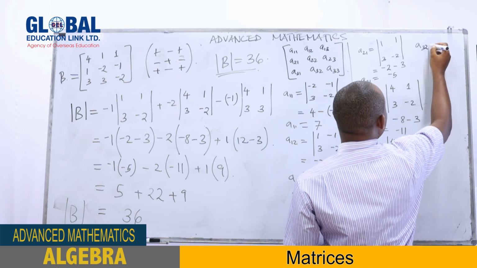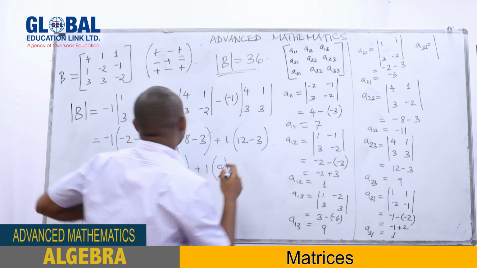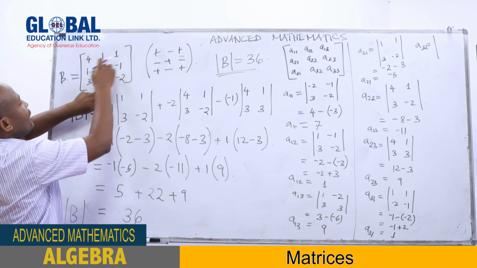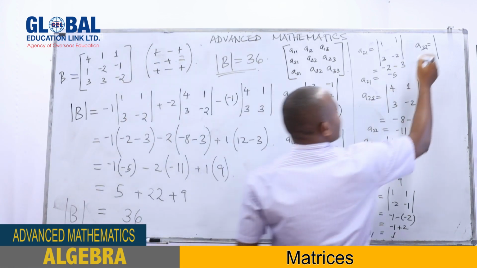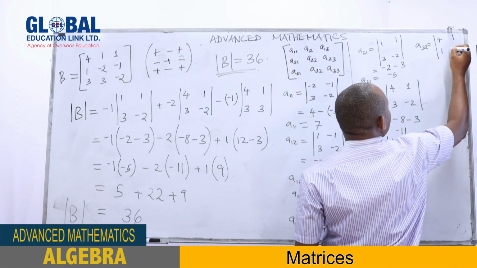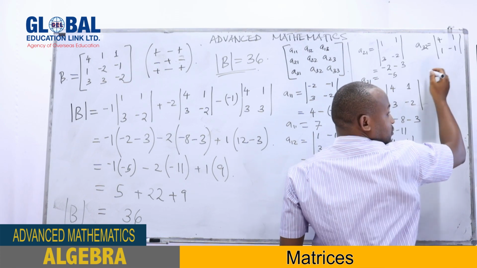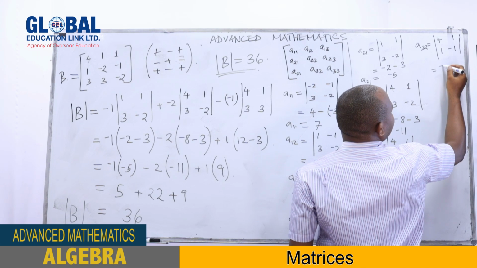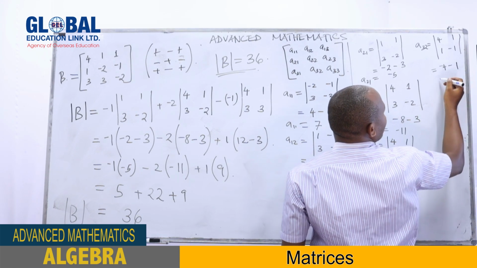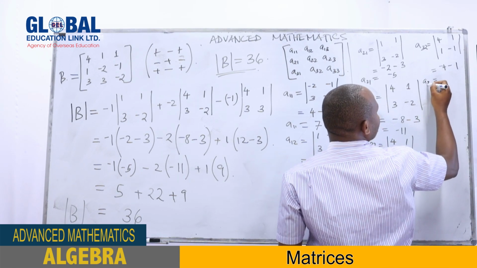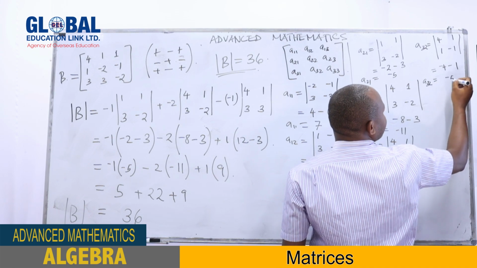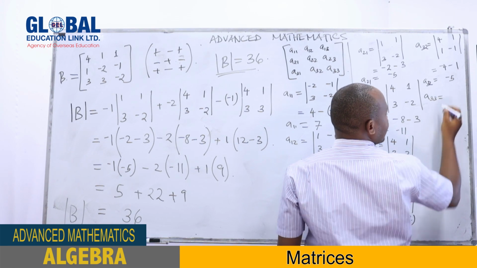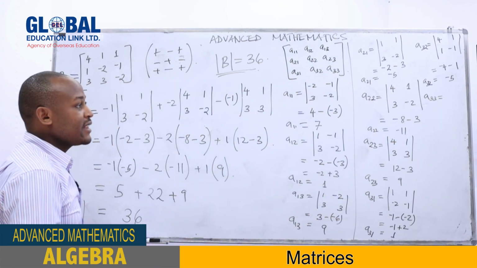A3,2 will be equal to what? A3,2, that means we are there. That means we are left with 4, 1, 1, negative 1. Negative 4 minus 1, which equals negative 5. A3,3 equals what?